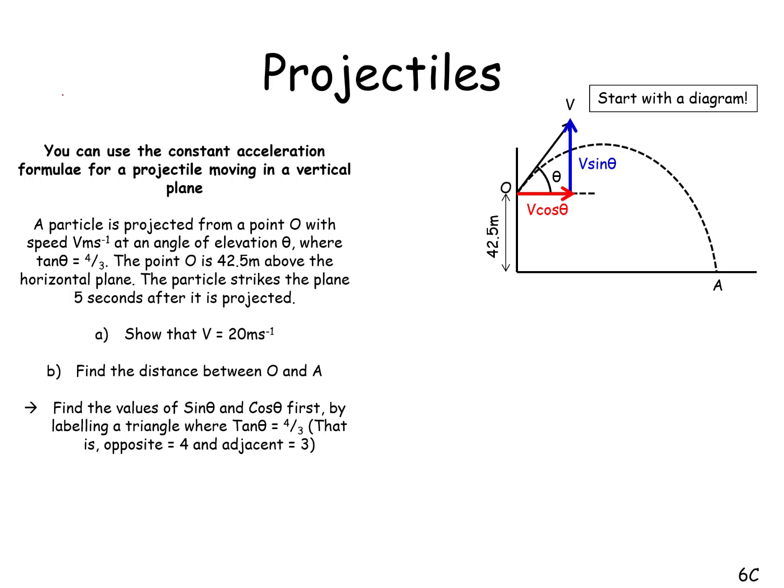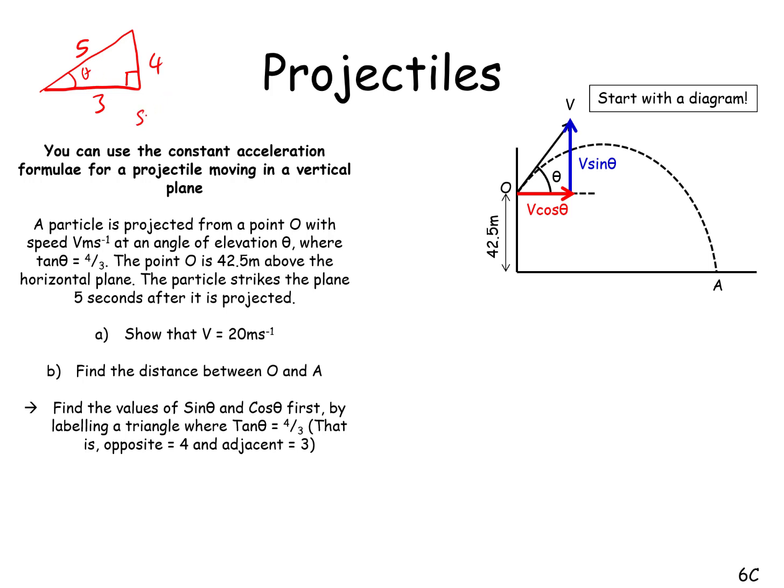I'll draw it here. That's theta in this question. Opposite is 4, adjacent is 3. It's a 3-4 triangle. We use Pythagoras. 3 squared plus 4 squared equals 25. Square root of that, that is the length of 5.